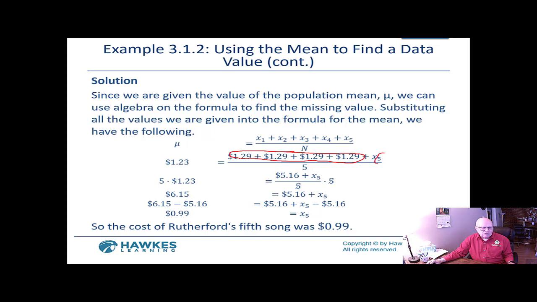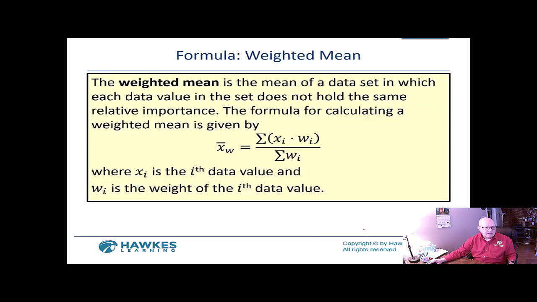Here's the one we don't know. A question mark for this one. We do know there are 5 songs, and we do know the average or the mean is $1.23. A bit of algebra, and you've got the missing song's price.